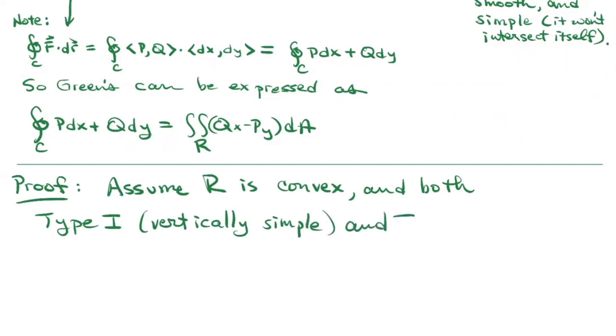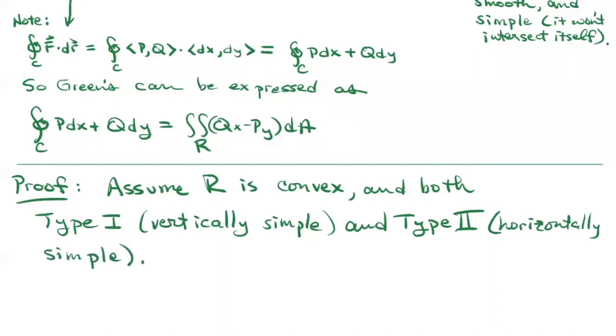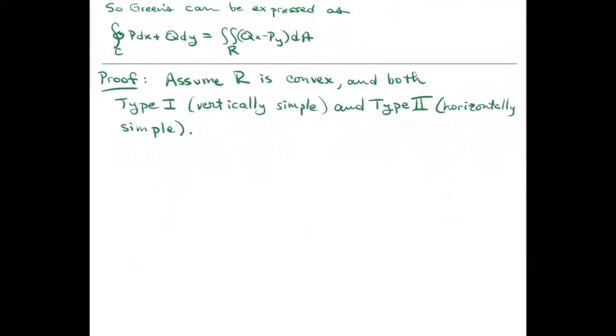And type 2, which is horizontally simple. Okay. So I'm going to go ahead and first of all create this region R as a convex region, like that.